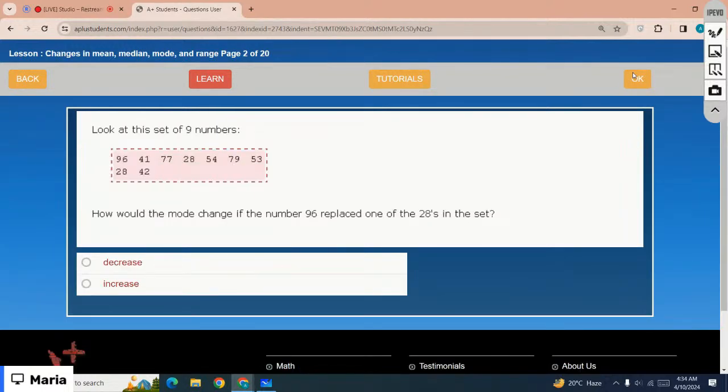Look at the set of 9 numbers. How would the mode change if you replace 96 by the number 28? 96 is replaced by 28.